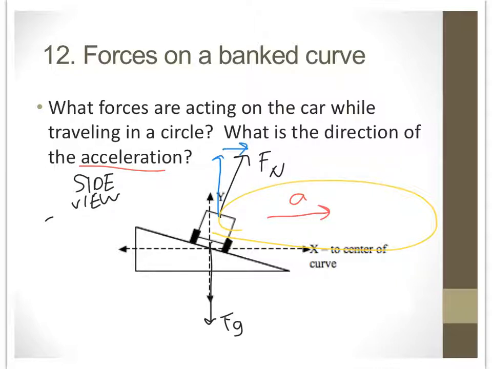So instead of breaking up the forces of gravity, we're going to break the normal force into its x and y components. Whatever our angle is down here, that ends up being this angle here. We could go through the geometry to prove that, but we'll skip that for now. So the y component becomes Fn cosine of theta, and the x component becomes Fn sine of theta.